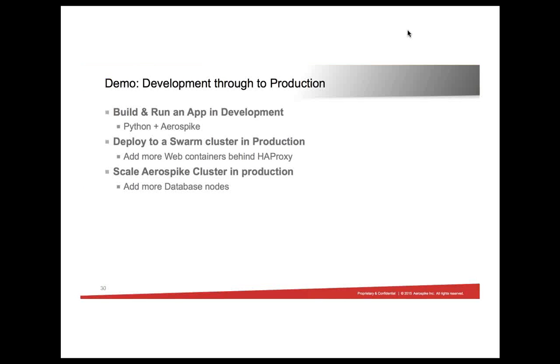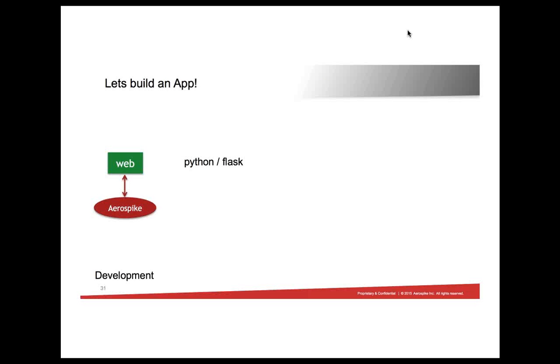Okay, so let's talk about a demo. The idea is to get from development through to deployment, or to production. We're going to build and run an application in development, which I'll do on my laptop, and then deploy to a Docker Swarm cluster. We're going to take our application from a single web node and a single database node, put the application behind HAProxy so that we can scale out the web tier, and then scale out the database tier.